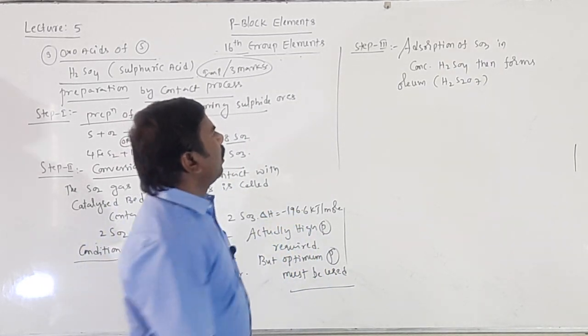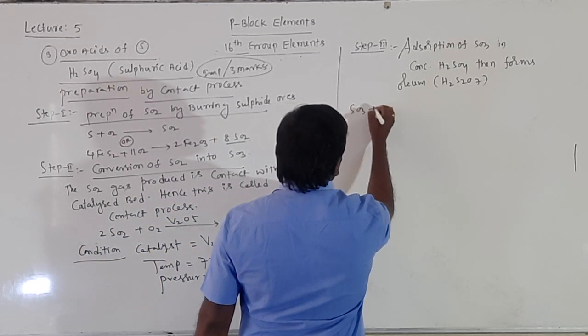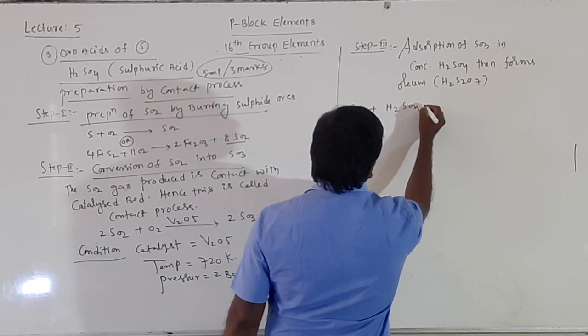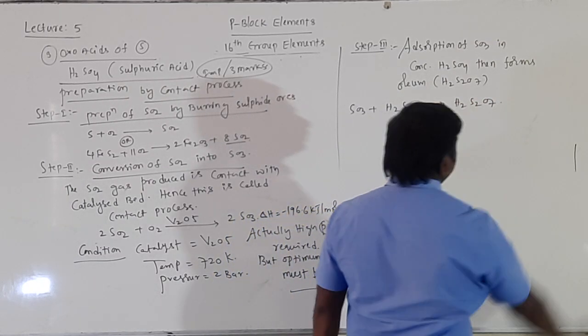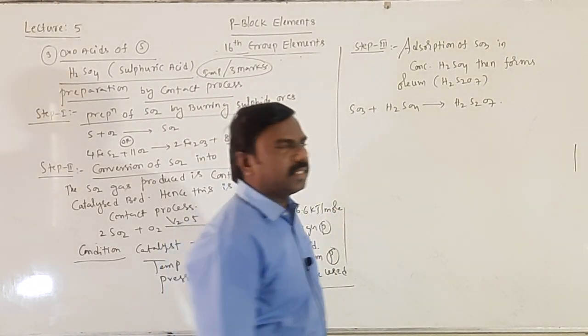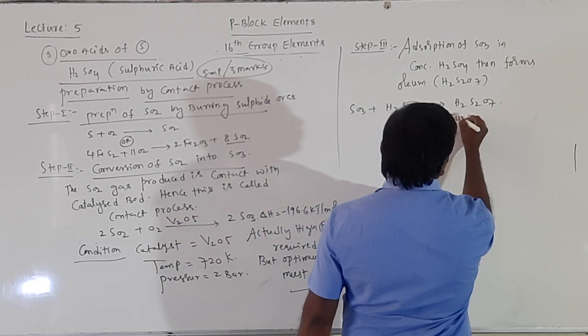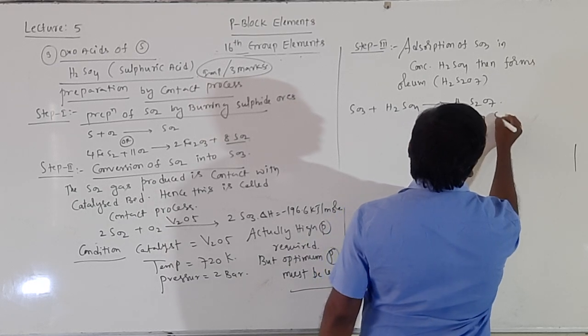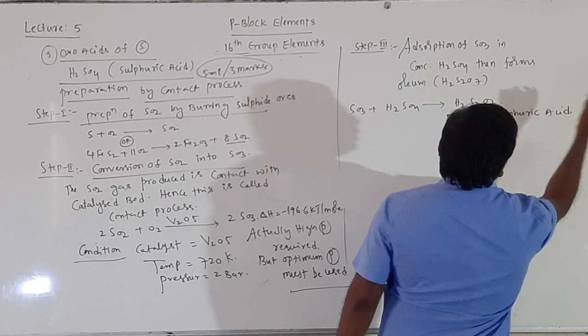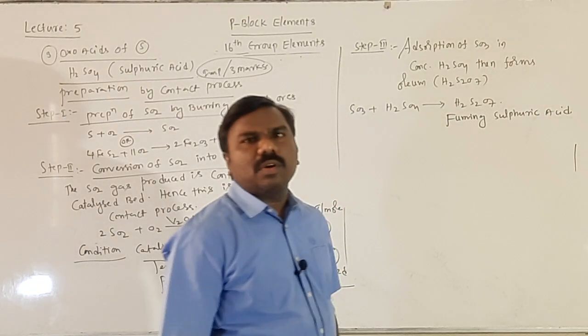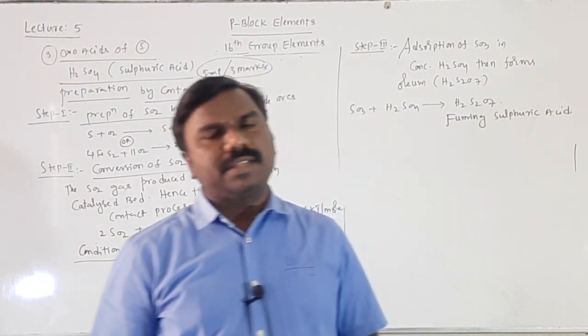SO3 plus H2SO4 then gives H2S2O7, pyrosulfuric acid, also called fuming sulfuric acid. Fuming sulfuric acid, also called oleum, also called pyrosulfuric acid.